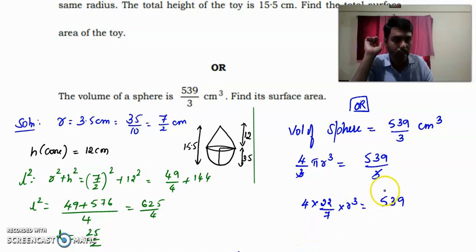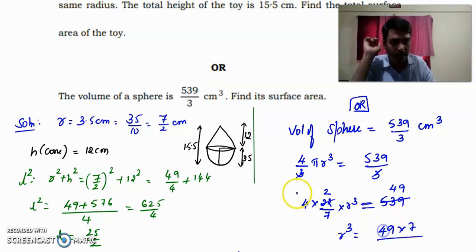So let us divide this by 11. 11 can be cancelled on either side. 11 fours are 44, that goes away. What is left is 9, 11 nines are 99. So r cube can be written as 49 into 7 divided by 4 and 2. There is a 4 here and a 2 here, so the product will form 8 and that will come to the denominator.